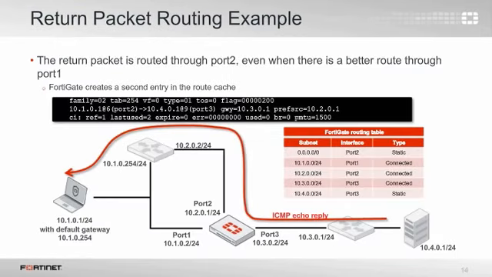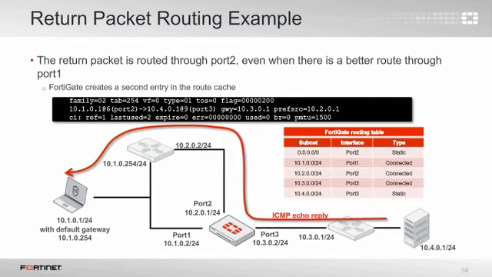Now, let's take a look at how FortiGate routes the return packet. When FortiGate receives the ICMP echo reply, because there is already a session and a route cache created, it uses the interface to source. So in this case, the unit routes the packet through port 2 towards the local router, even when there is a better route to the destination 10.1.0.1.